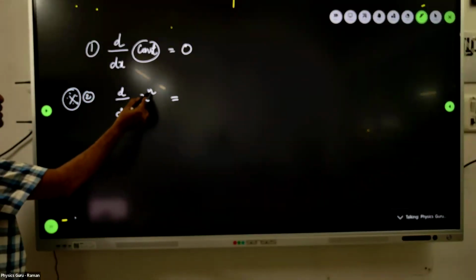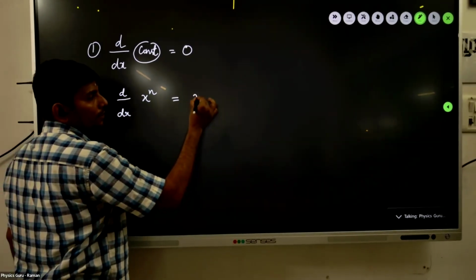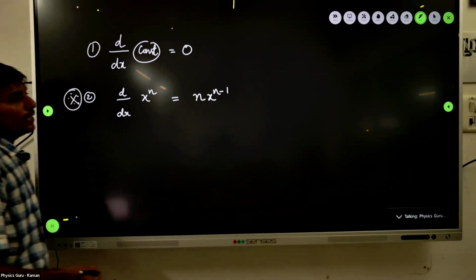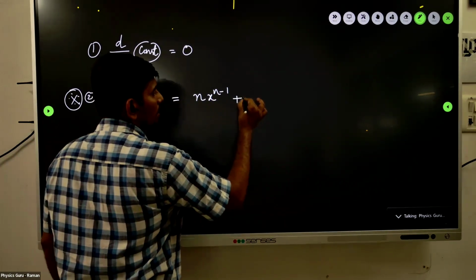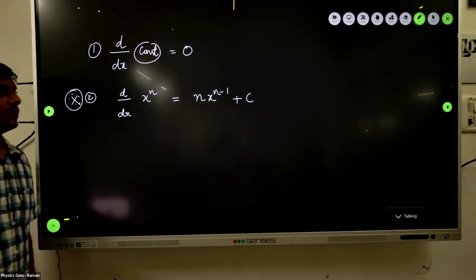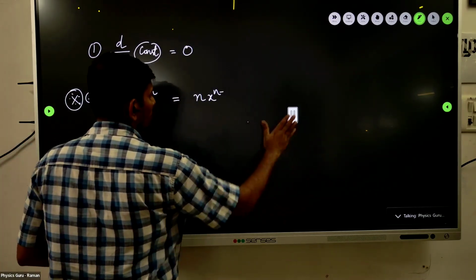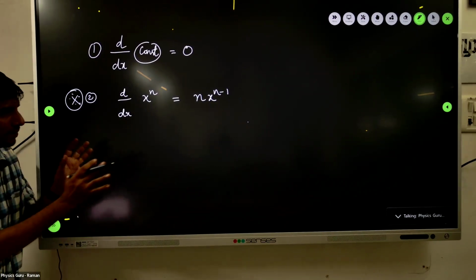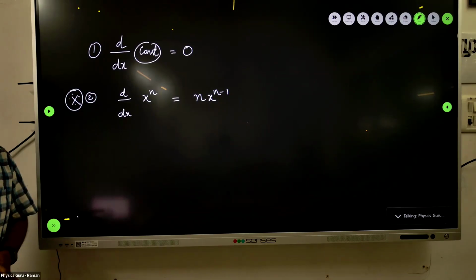You bring the power down as the coefficient, n into x power n minus 1, plus the constant of differentiation that you can take. That is not so important, so we can just drop it: n into x power n minus 1. This is the basic equation. Just know this equation for now. From here we will proceed further. Got it? Just know this equation.